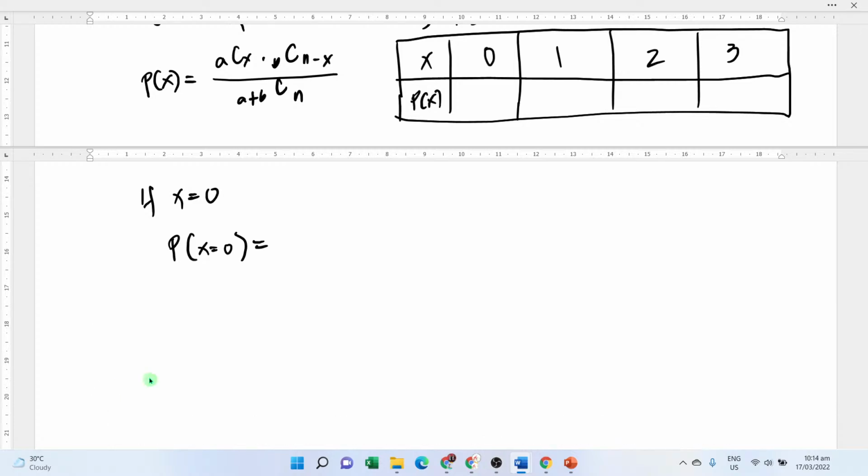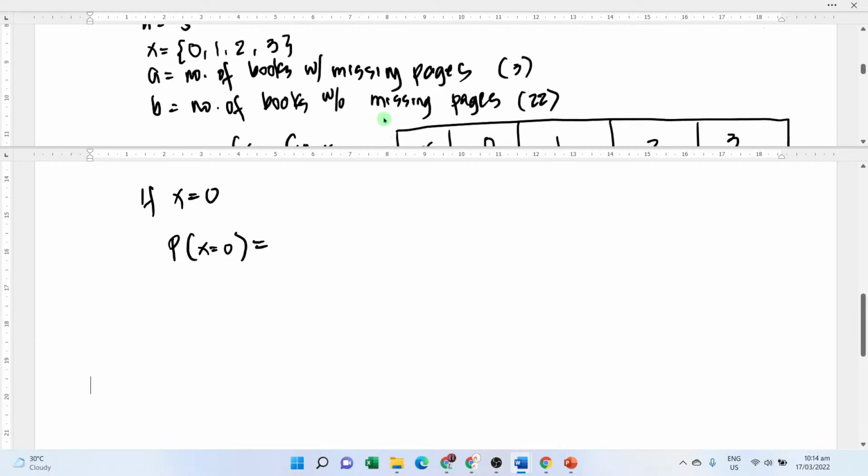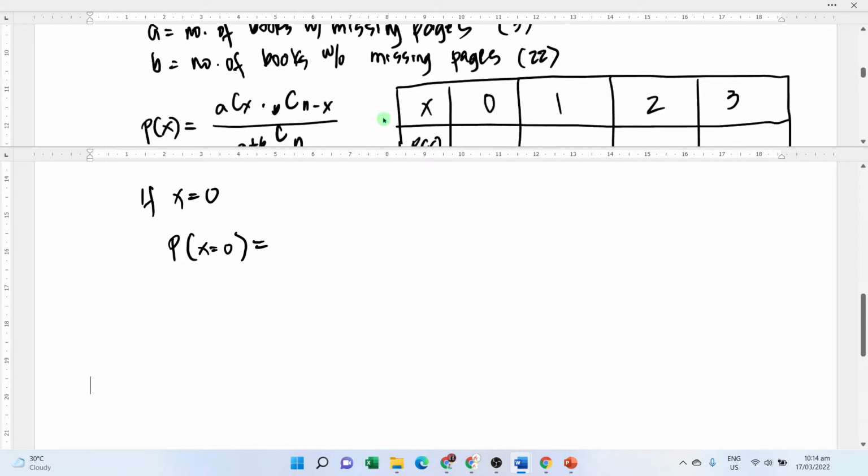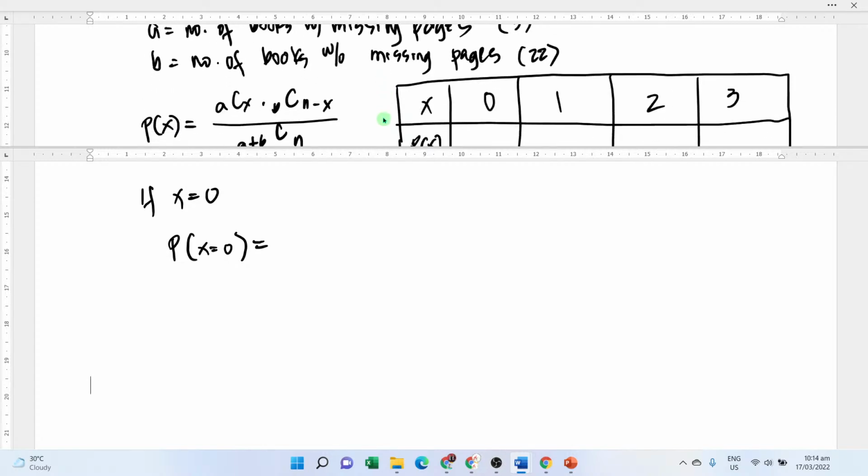So the probability will be, since A is equal to the number of books with missing pages, then that will be 3 combination 0. Substitute, no? 3 combination 0 because A is 3 and we're using x equals 0, times B is 22.